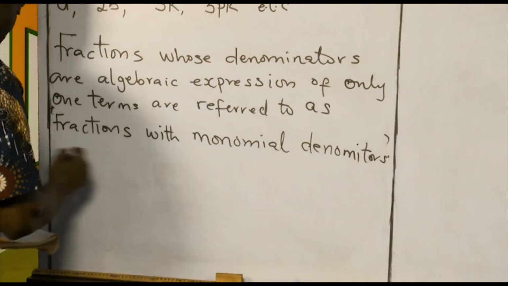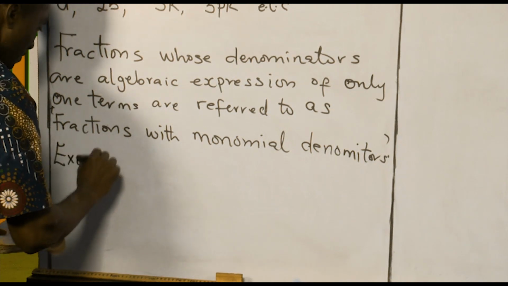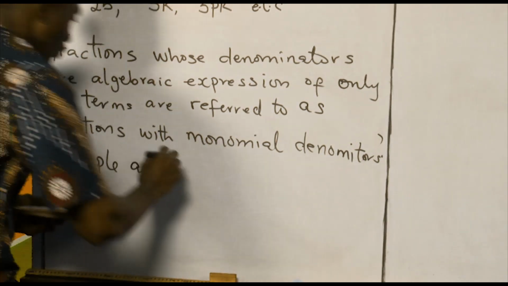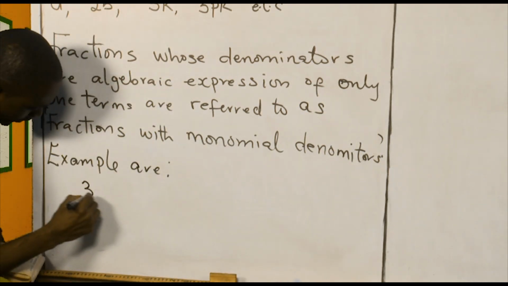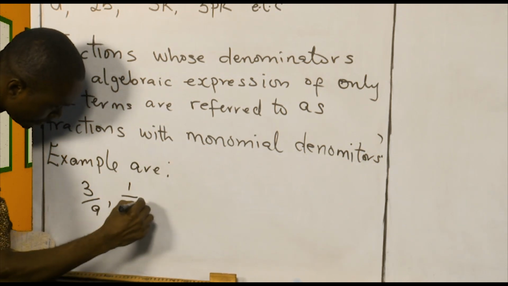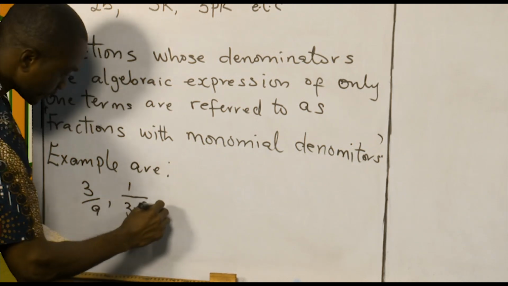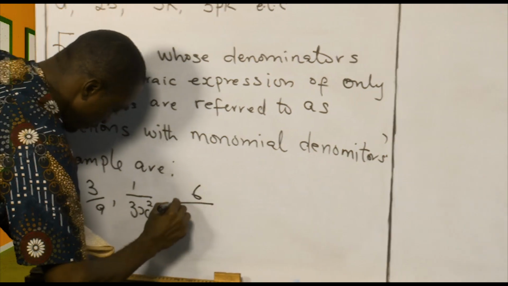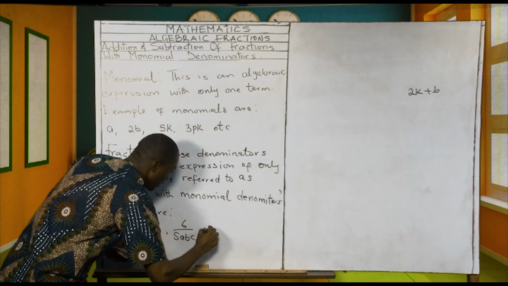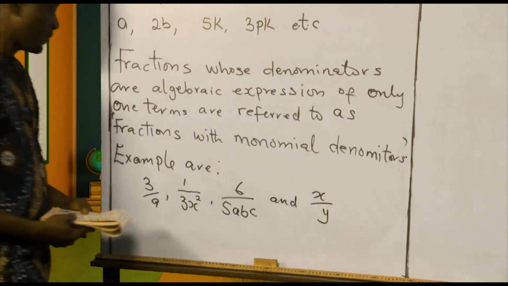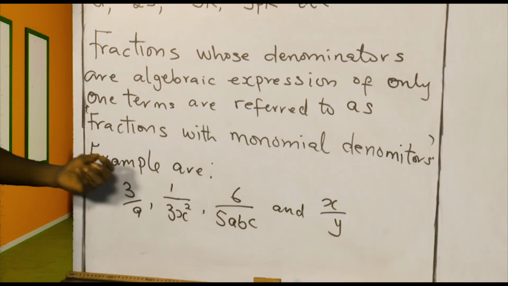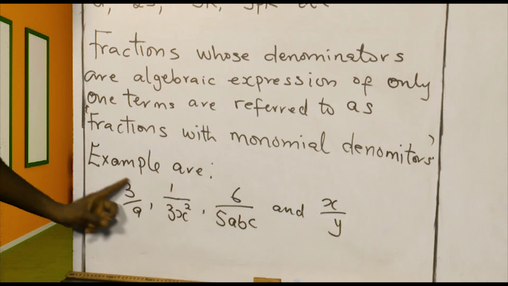Examples of this would be: 3 over a, 1 over 3s squared, 6 over 5abc, and x over y. 3 over a is an algebraic fraction with a monomial denominator.